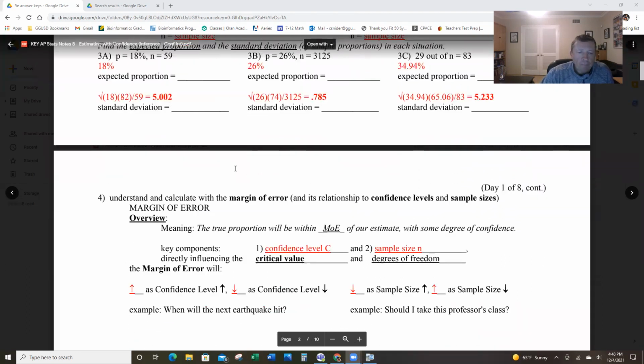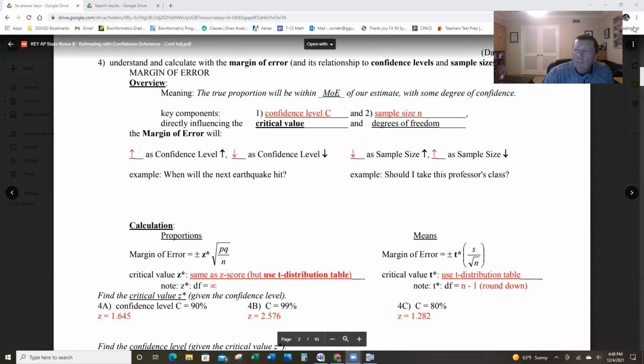Item 4. Let's go over some basics of this. So confidence level, sample size. There's really just a few things that affect the margin of error that you could do. There's only really 2 things you can do. You can adjust the confidence level, or you can adjust the number of samples.